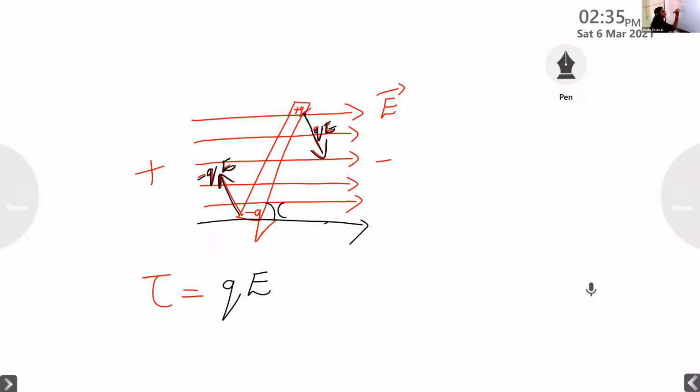Here theta is the angle between the electric field and the electric dipole. Now we can draw a triangle here. Join this line, so we get a triangle ABC.